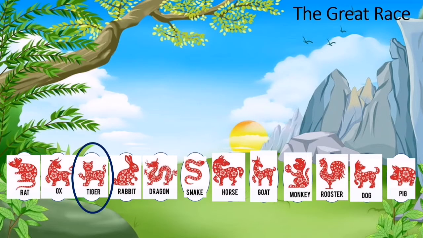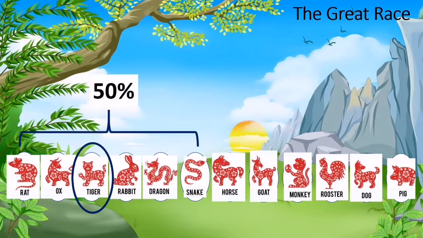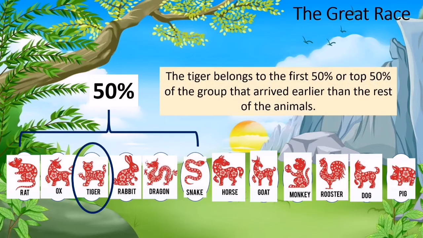From the previous activity, we observed that each animal has a position. Take for example, the tiger. The tiger belongs to the first 50% or top 50% of the group that arrived earlier than the rest of the animals.